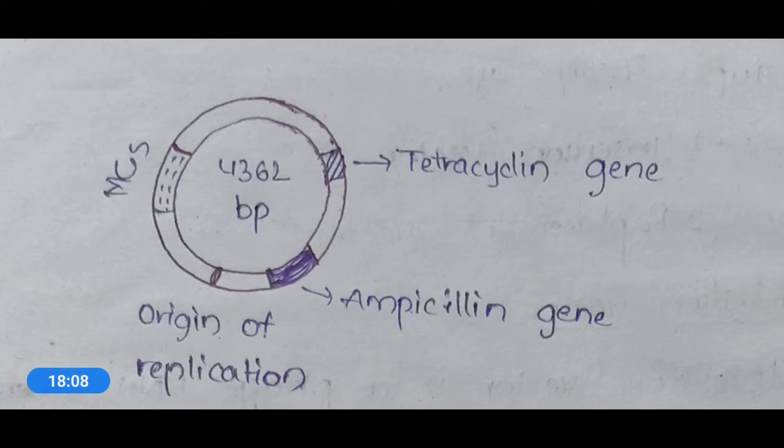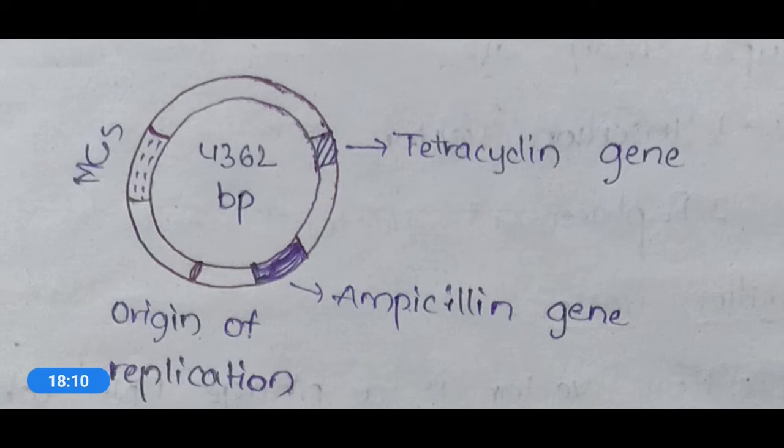And also here, the ampicillin gene has unique sites for 3 restriction enzymes. The TET gene, which means nothing but the tetracycline gene, will have unique sites for 6 restriction enzymes, and ampicillin will have sites for 3 restriction enzymes.